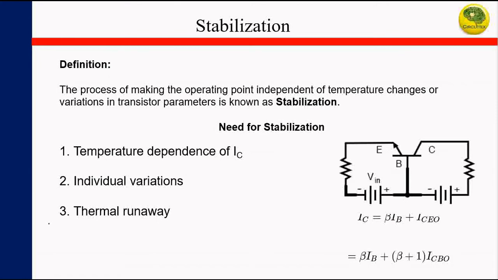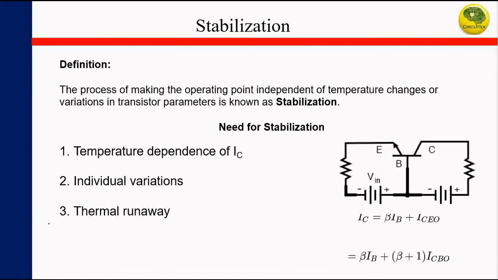So what is stabilization? If we go by definition, it is the process of making the operating point independent of temperature changes or variations in parameters. Once the stabilization is achieved, the values of IC and VCE become independent of temperature variation or replacement of resistor.